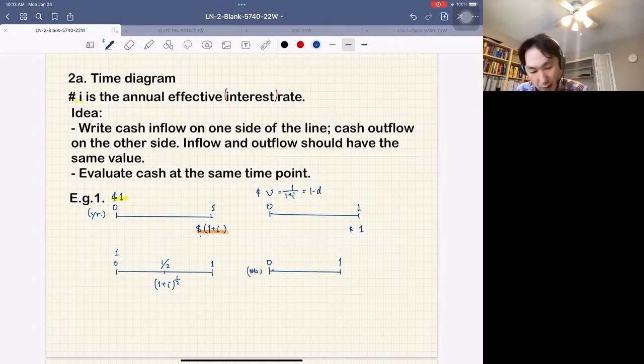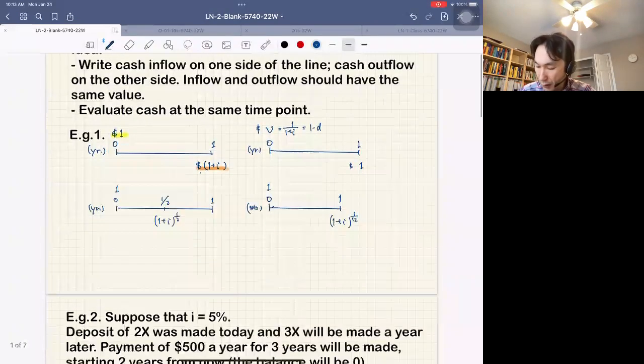So this 0 means time 0, and 1 means 1 month later. Then the $1 becomes 1 plus I to the power 1/12. So all the others are for year, and the last one is for month. So this is how the time diagram is constructed. Do you have any questions?